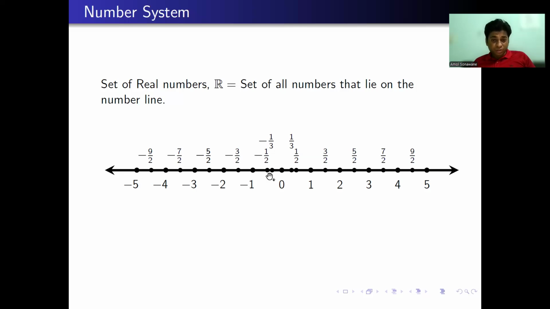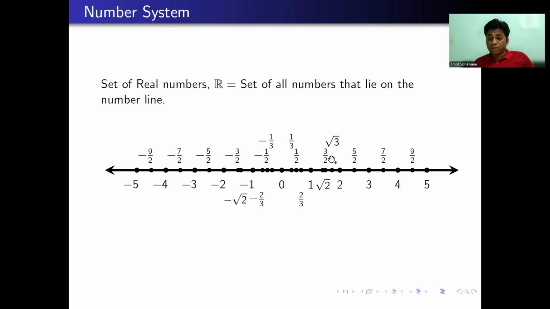Similarly, -1 by 3 is also there on the number line. 2 by 3 lies on the number line whose approximate value is 0.66. Similarly, -2 by 3 is also there on the number line. Root 2, whose approximate value is 1.4142, also lies on the number line. Similarly, minus root 2 also lies on the number line.